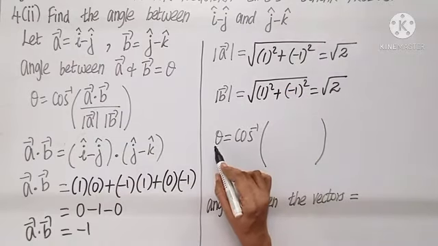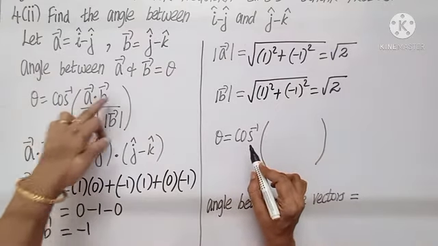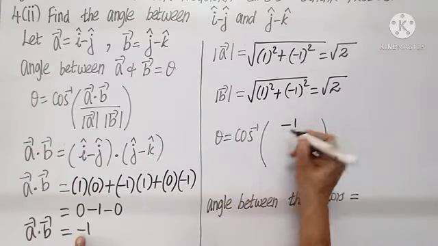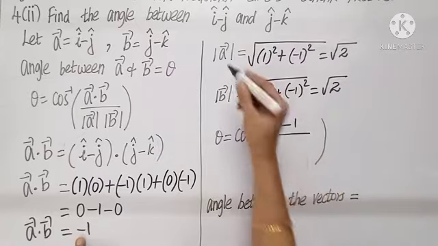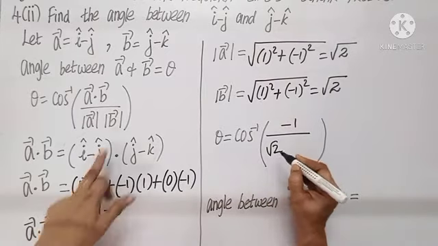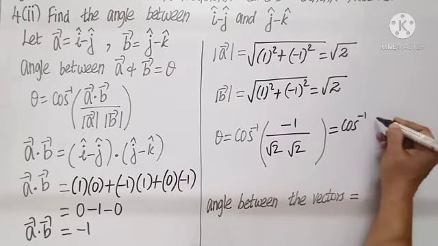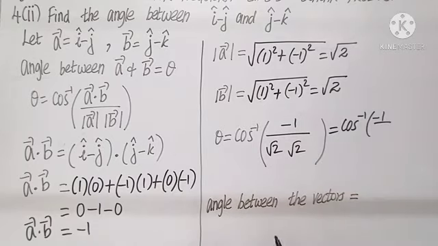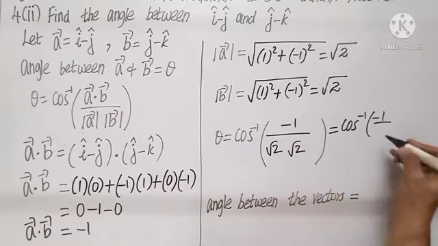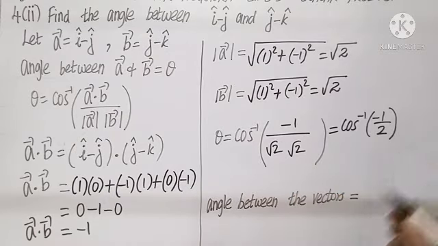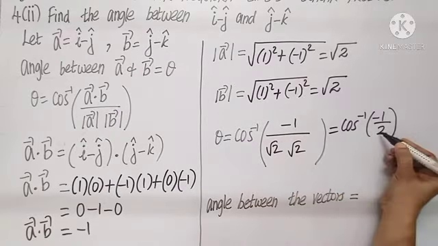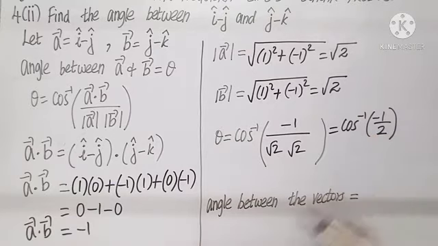What is theta? Cos inverse of A dot B. Answer is minus 1. Denominator, mod A is root 2. Mod B is also root 2. We get cos inverse of minus 1 by root 2 into root 2, which is 2. We recall half from the cos table. It is pi by 3.